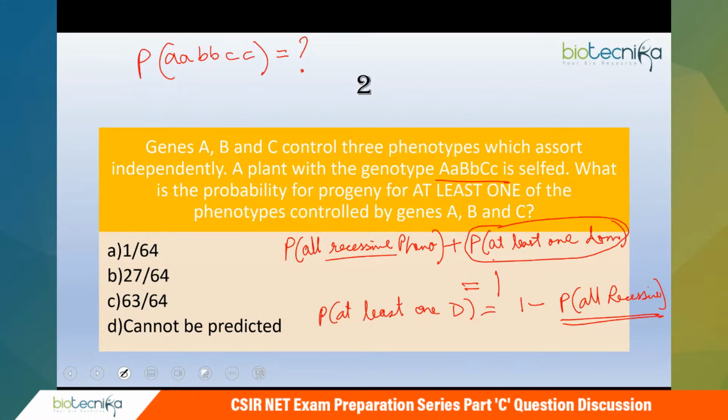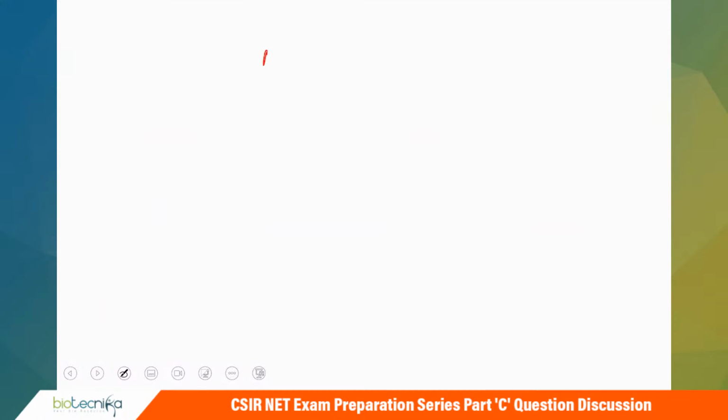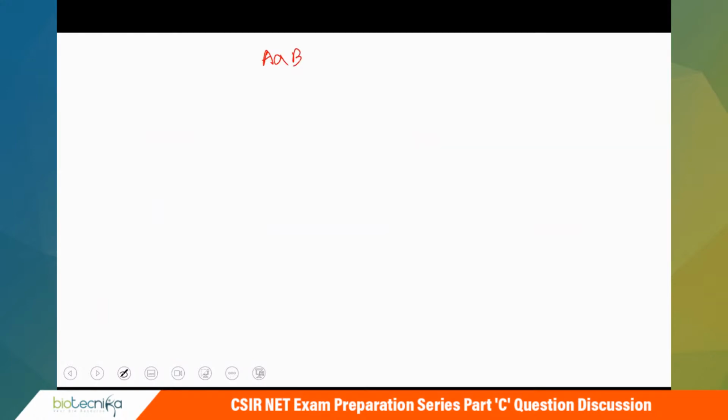Now how to do that? You write down the cross here. It is clearly mentioned that the genes are independently assorting, so we will separate the genes. The probability of this genotype is equal to the probability of three independent events occurring together.